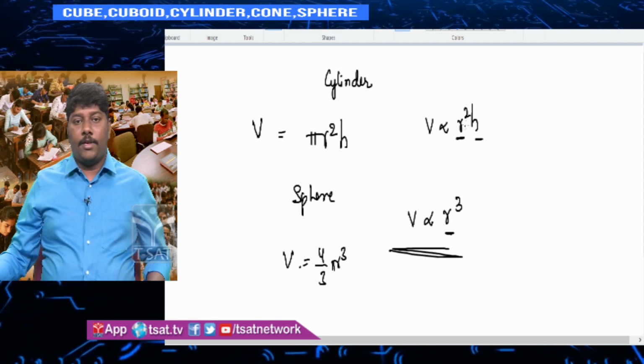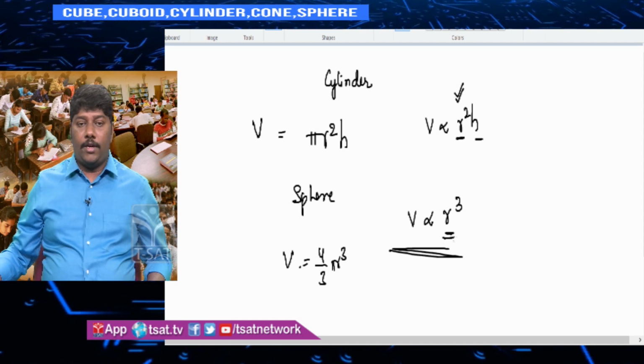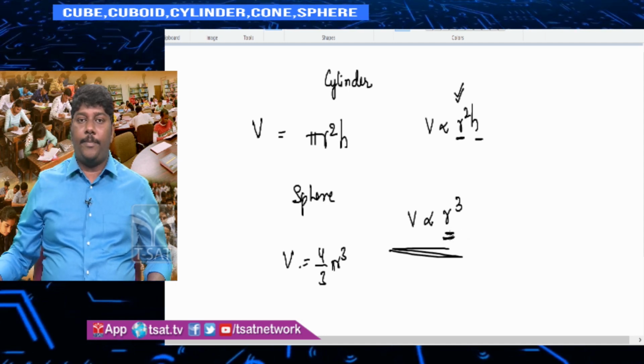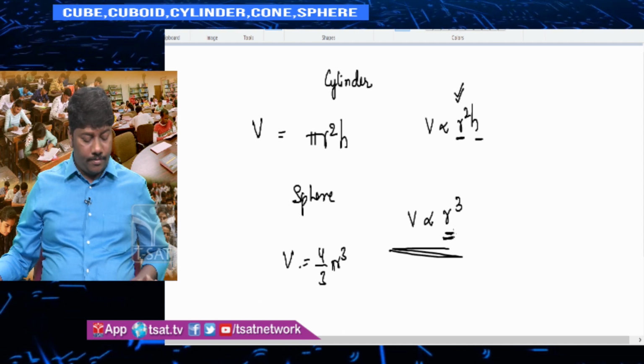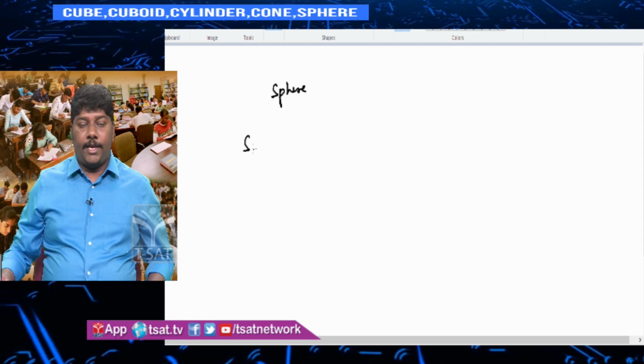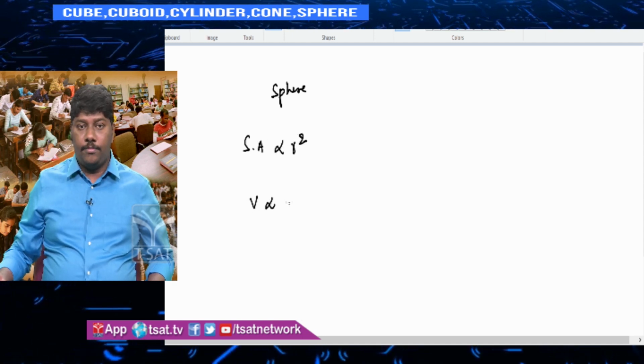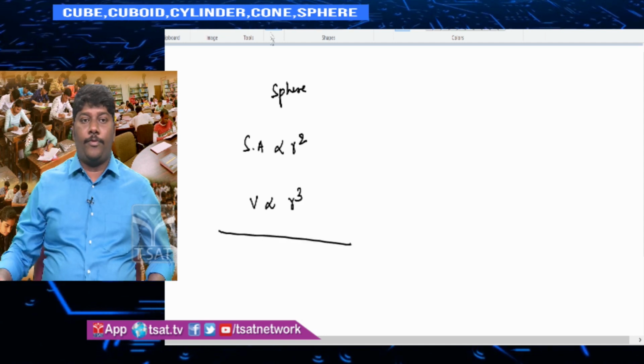Remember, if height is constant, then volume varies with the square of the radius. Here there is no height, therefore it depends completely on the radius. For a sphere, surface area varies with the square of the radius. When it comes to volume, it varies with the cube of the radius.